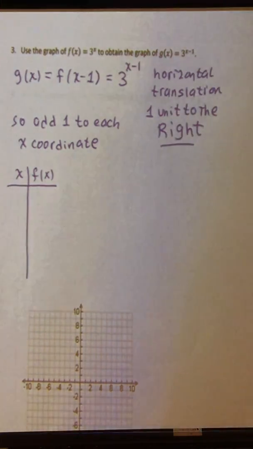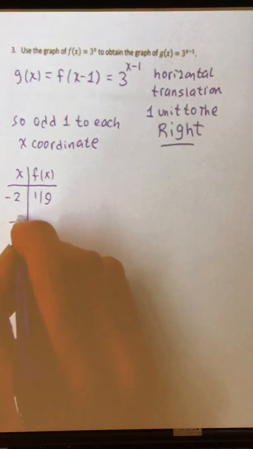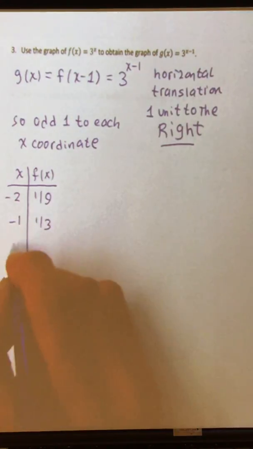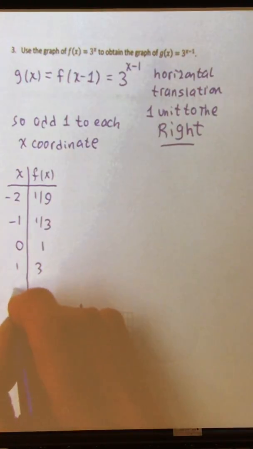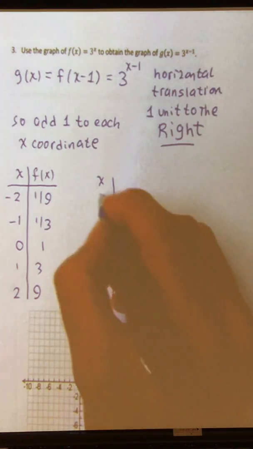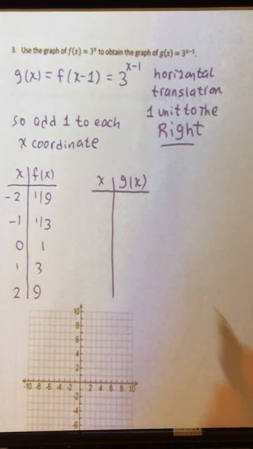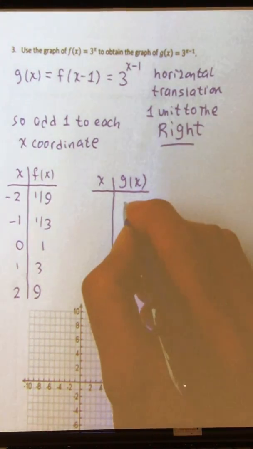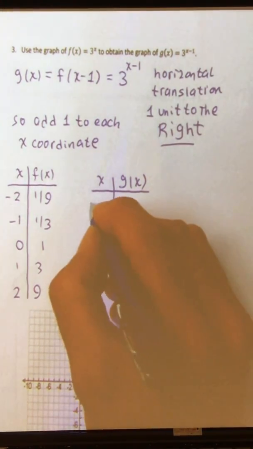These are the ones that we had before. -2 giving us 1/9. -1 is 1/3. 0 is 1, 1 gives 3, and 2 gives 9. Then we'll add 1 to each x coordinate. The y coordinates will be the same, and we'll add 1 to each x coordinate.